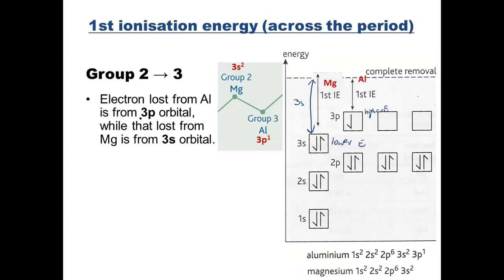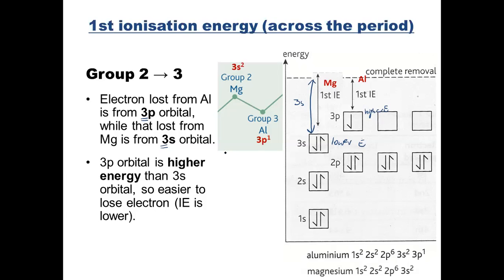I bolded this because you need to actually say from which orbital. You can't just say p orbital or s orbital. That's not going to give you full marks. You need to say which specific orbital is lost. Then you say, 3p orbital is higher energy than 3s, so it's easier to lose an electron. Ionization energy is lower. That's a full answer.